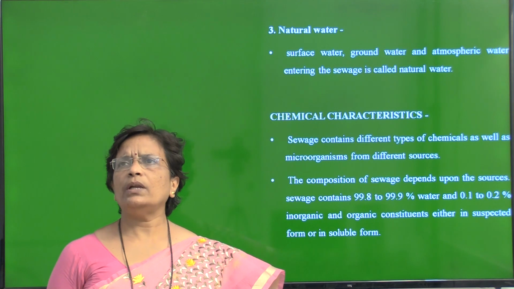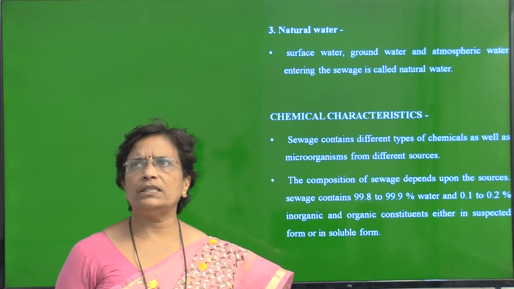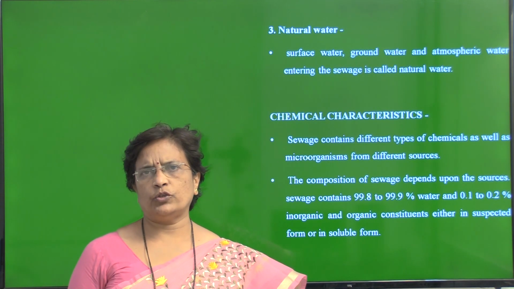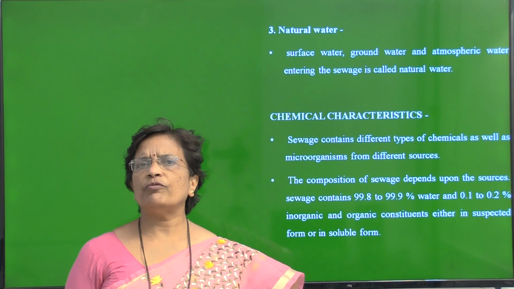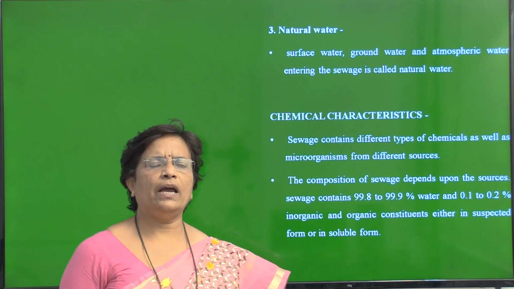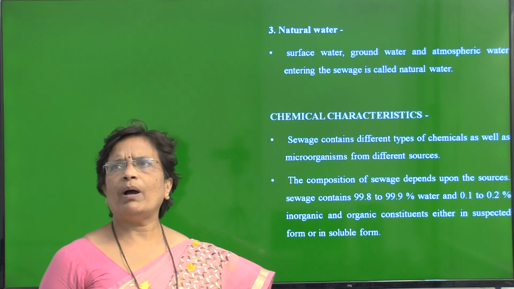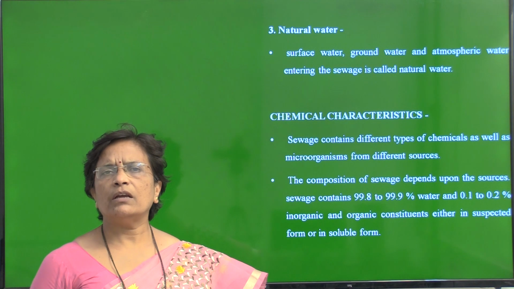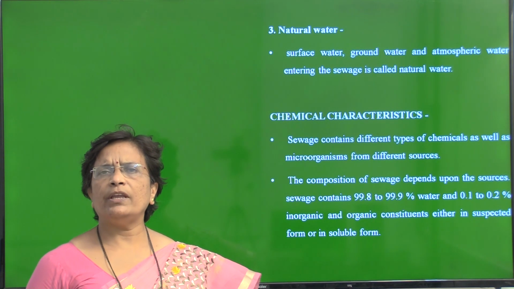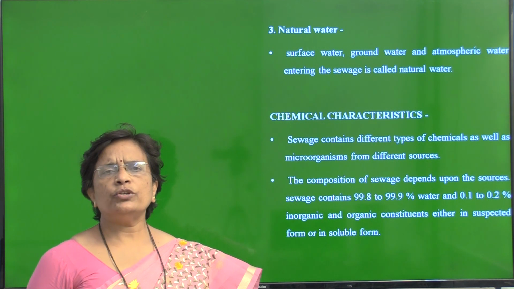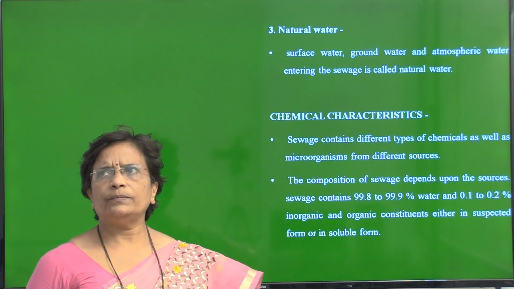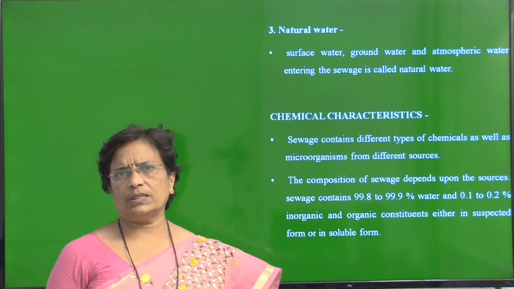Let us see what are the chemical characteristics of the sewage. Sewage contains different types of chemicals as well as different types of microorganisms collected from various sources. The composition of sewage depends upon the sources.